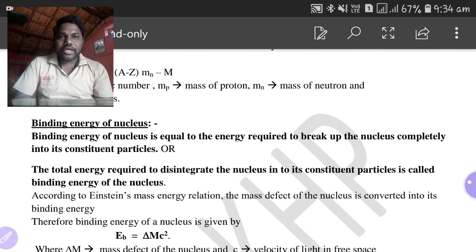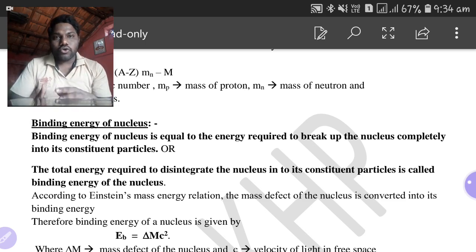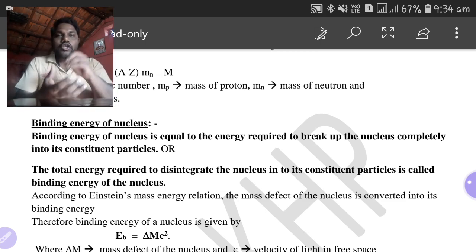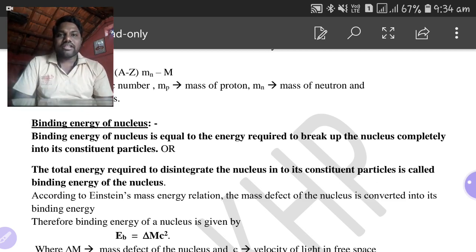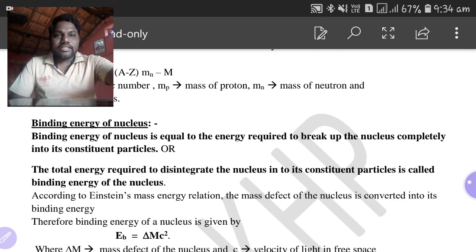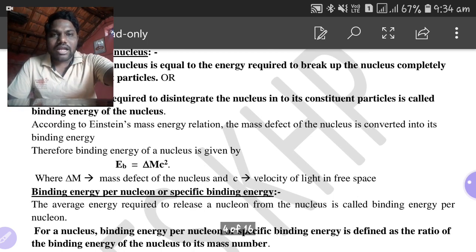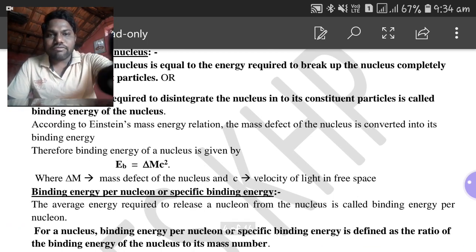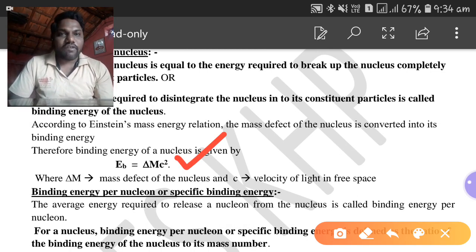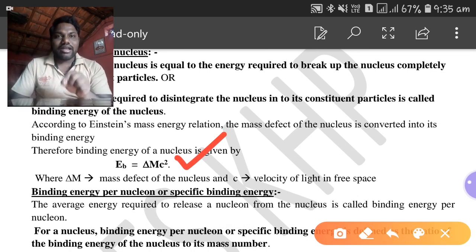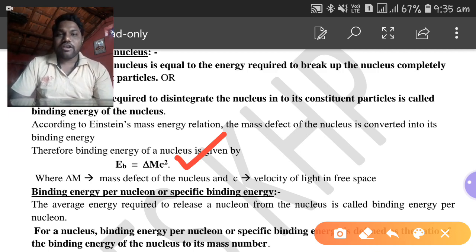It is the amount of energy required to separate all the nucleons from the nucleus, or to break the nucleus into its constituent nucleons. It is given by E_b is equal to delta m c squared, where delta m is the mass defect of the nucleus and c is the velocity of light in free space.